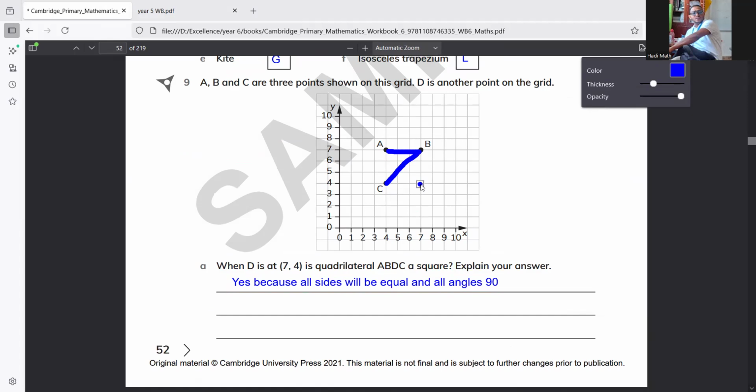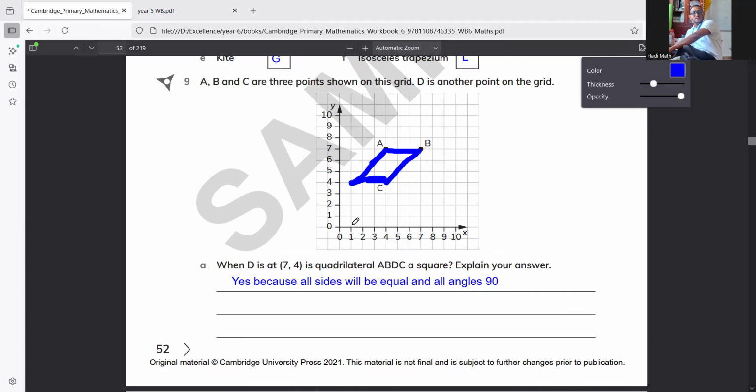Then this point, move it from here, take it to this one, and then complete this shape from here, this way. And this will be a parallelogram. So the coordinate of this point is what? It's 1 and 4.